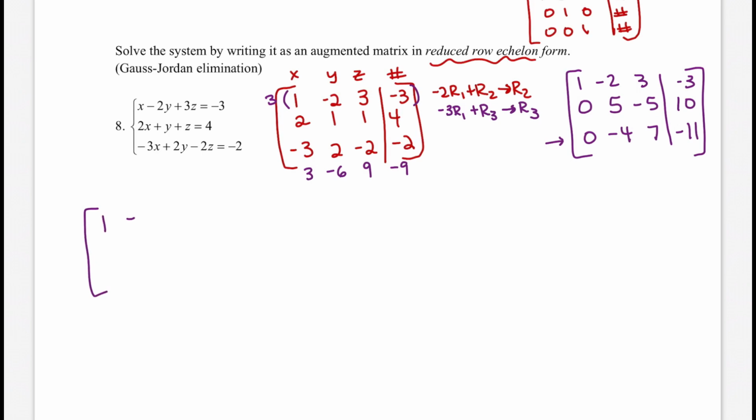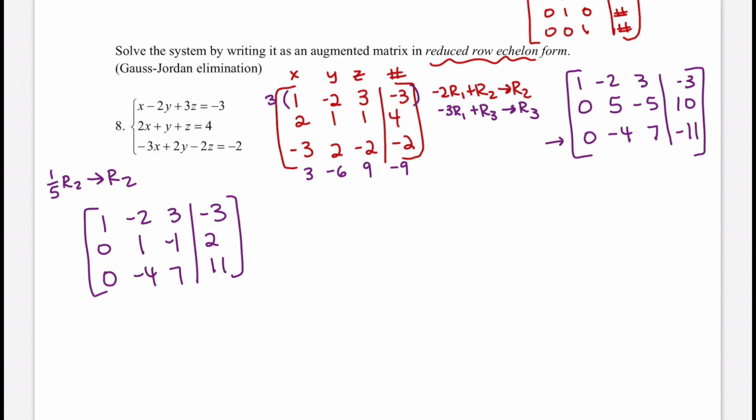So here I have 1, negative 2, 3, negative 3, 0, 1, negative 1, 2. And that was 1/5. Row 2 became my new row 2. And 0, negative 4, 7, negative 11. Okay, now for my next step, I'm going to use this 1 to get a 0 below it.